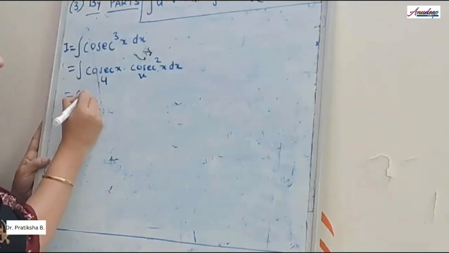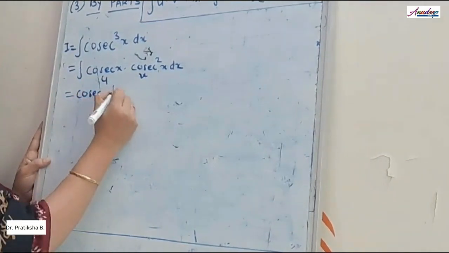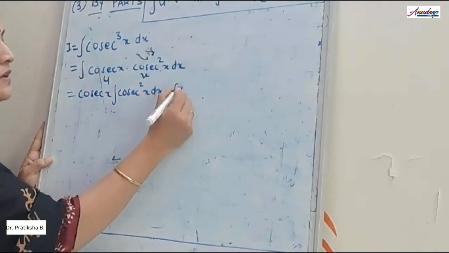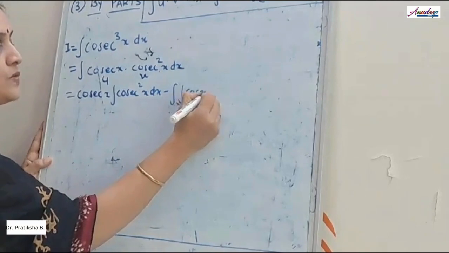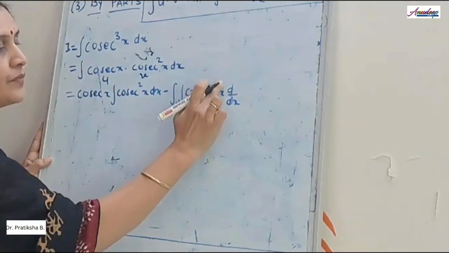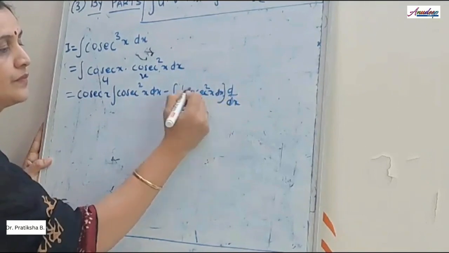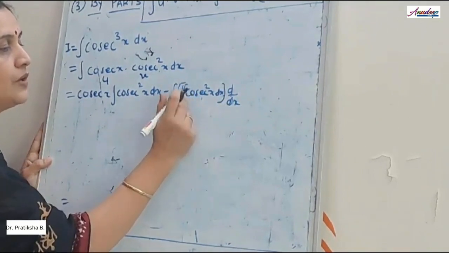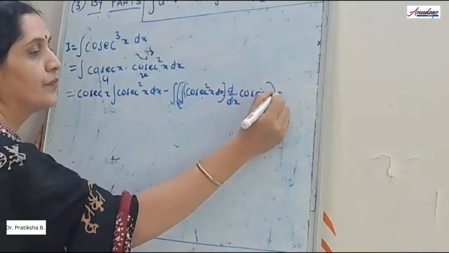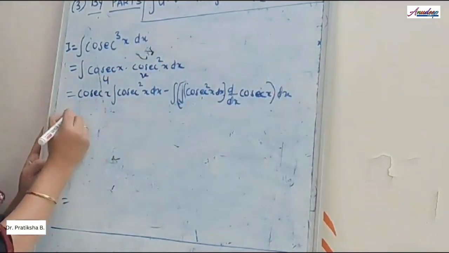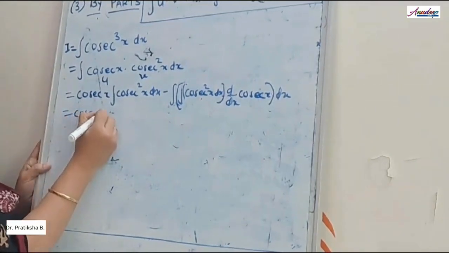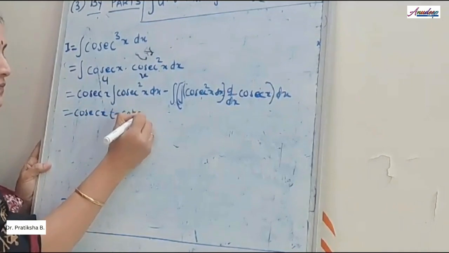What I will be getting is cosec x into the integration of cosec square x dx, minus the integral of the derivative of u, which is cosec x, into the integral of cosec square x. Now, what is the integral of cosec square x? Yes, it is minus cot x.